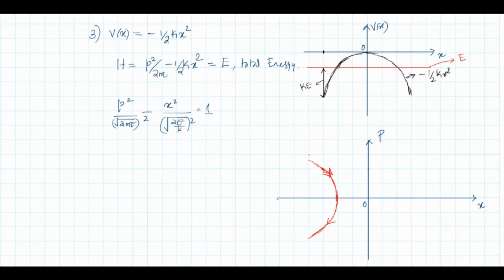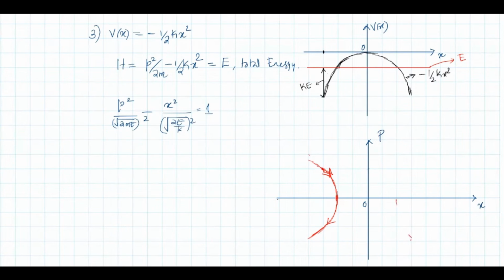Now if the particle started from a positive x value somewhere here, as x decreases with time, its kinetic energy, the difference between the red curve and the black curve, is decreasing up to this point. It is moving in the negative x direction, so the initial momentum is negative.